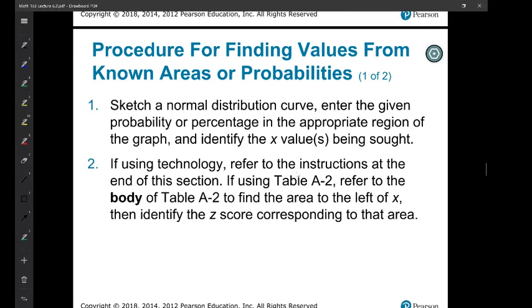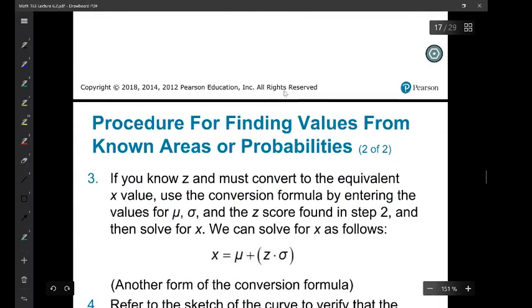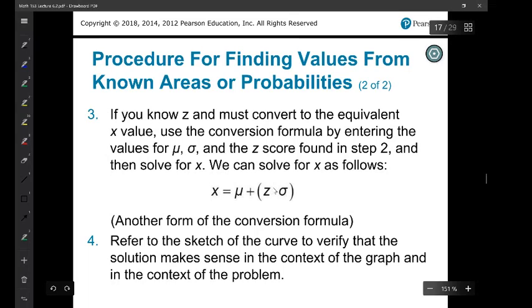Right? So, procedure for finding values from known areas or from probabilities. This is kind of a reverse of what we did in the last example. You can solve for a given x score if you know the z-score.